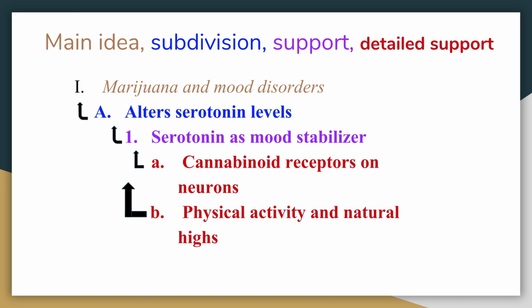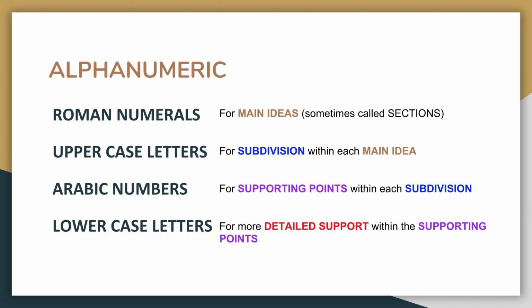Again, an alphanumeric outline is nothing more than taking your main idea, which is your thesis, breaking that down into the sections or the other main ideas that you want to use to support your thesis, and then continuing to drill further down depending on how much support you want to give your main idea. And so the order then is the Roman numeral, uppercase letter, Arabic number, and lowercase letter.